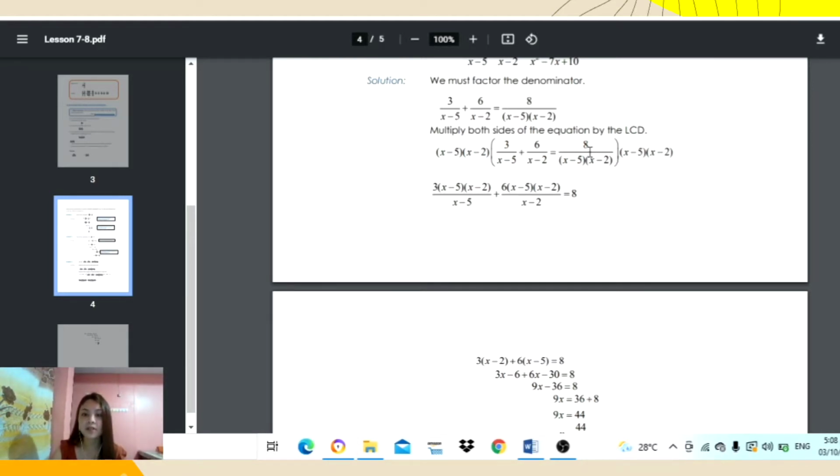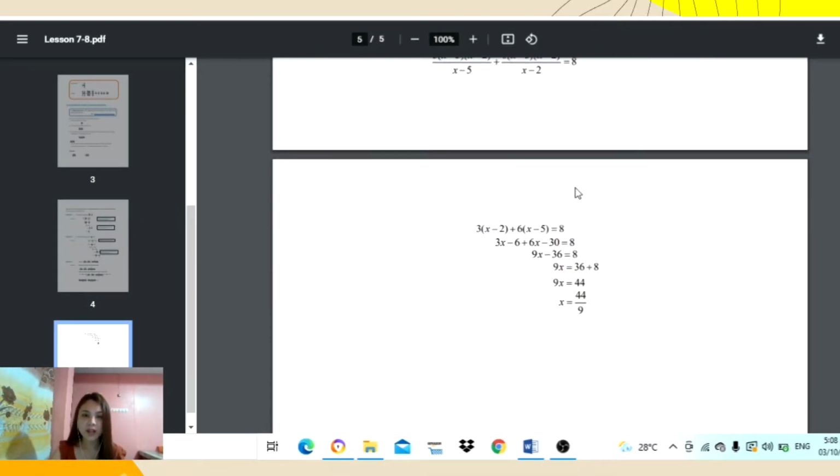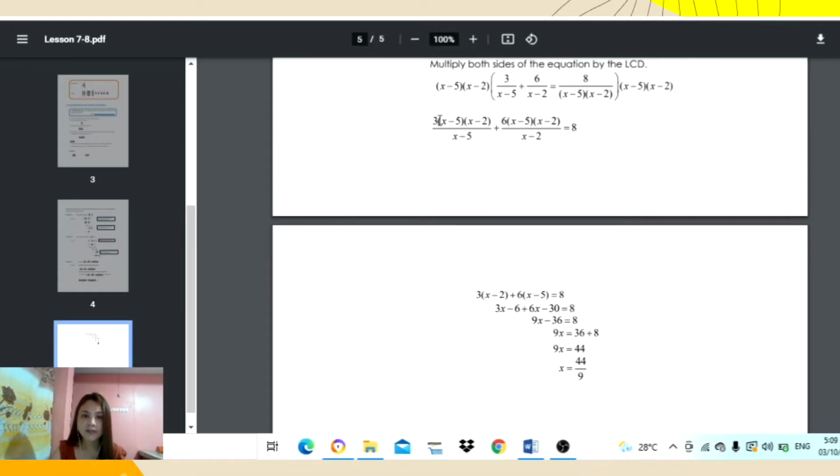So the remaining is 8 times 1, or 8. That's why we have this equation here. Simplifying, we can divide x minus 5 by x minus 5.